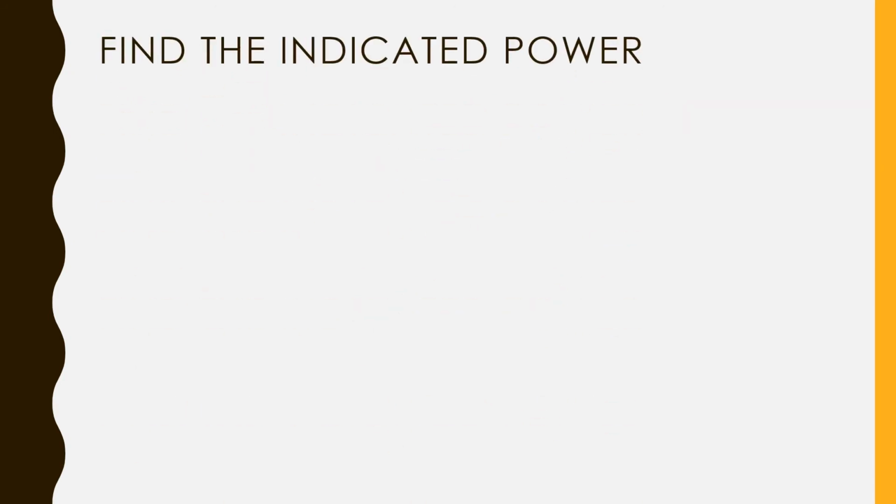Okay, so find the indicated power. 5 cubed means 5 times 5 times 5. So 5 times 5, 25 times 5 equals 125.